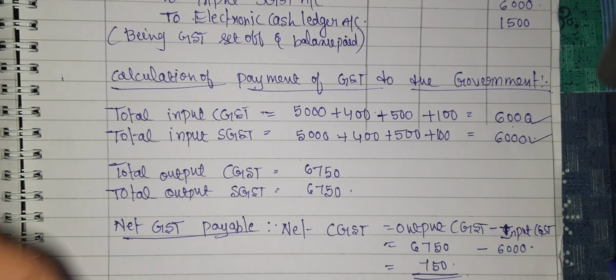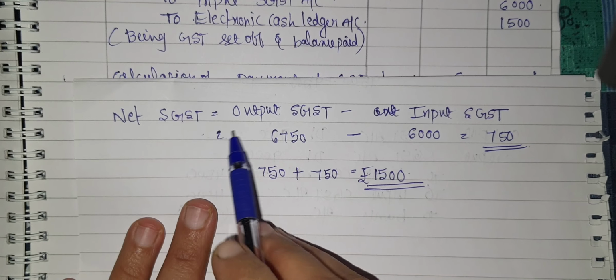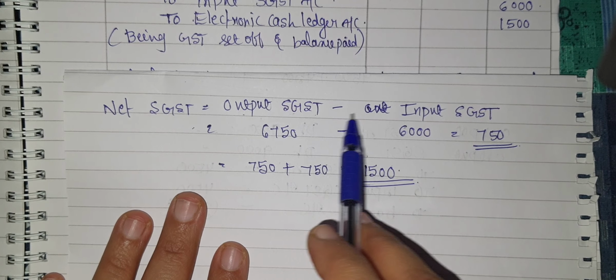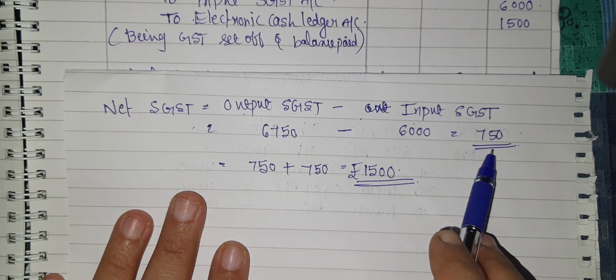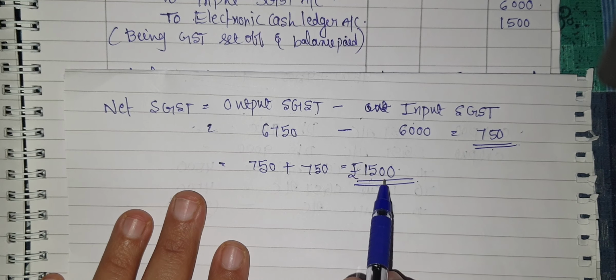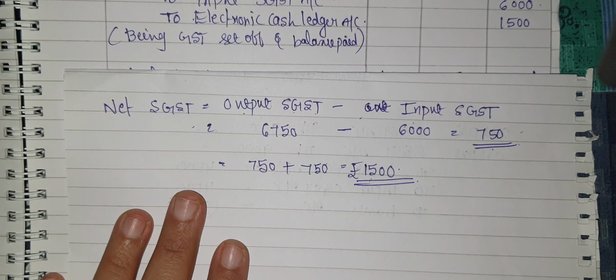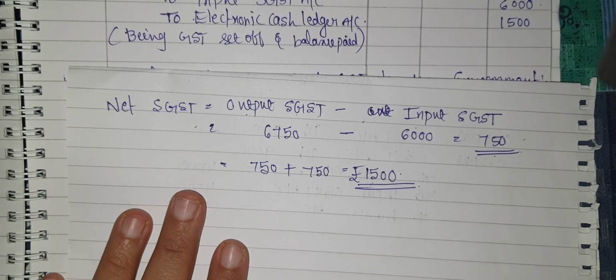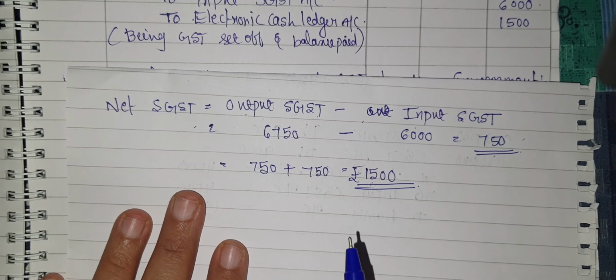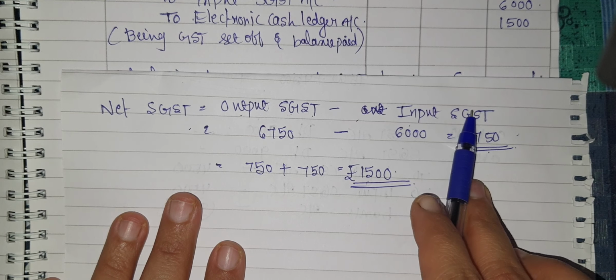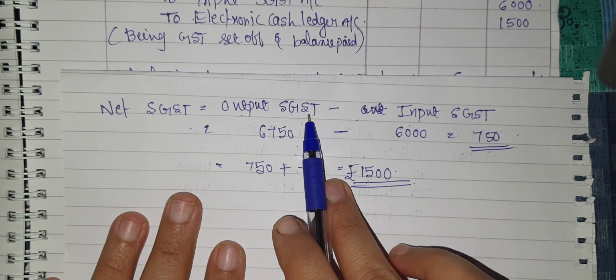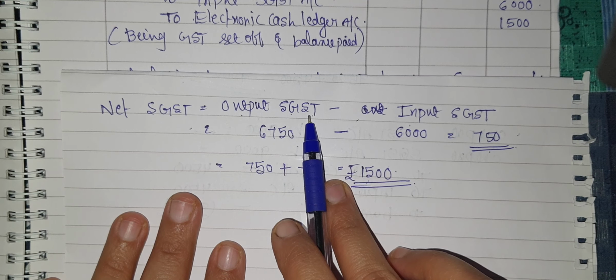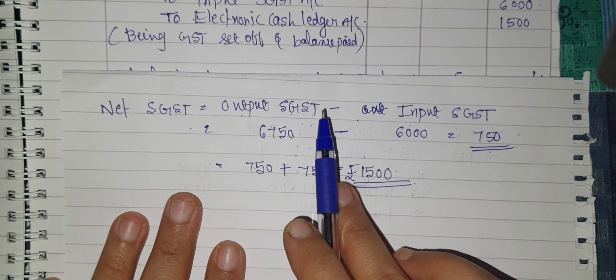After that we calculate the net SGST, that is output SGST minus input SGST, that is rupees 750. So in total the business has to pay rupees 1,500 to the government. Here the input GST is used to set off against the output GST. This is the rule.